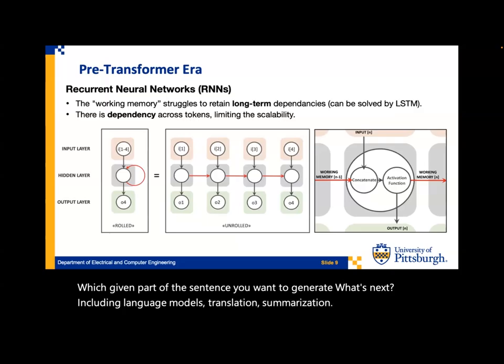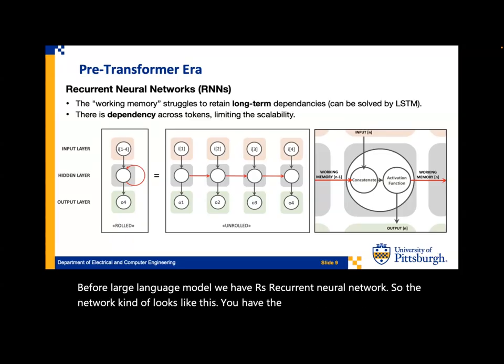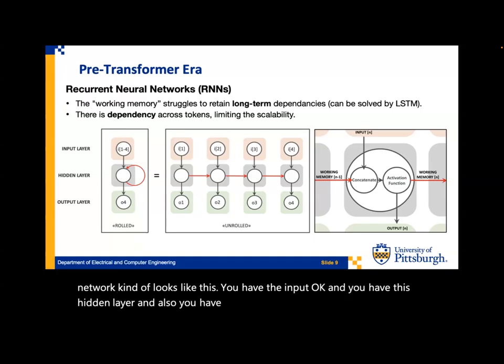Before large language models, we had RNNs, recurrent neural networks. The network looks like this. You have the input, a hidden layer, and a loop back, and then the output.